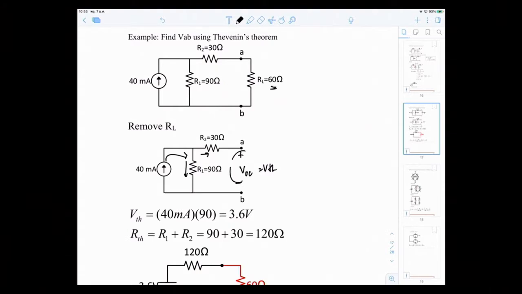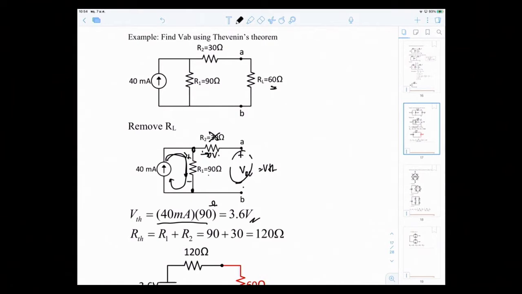But R2 is open already, so there's no voltage drop across R2, and all the current goes through R1. That means VOC is simply the voltage drop across R1, which is 40 milliamps passing through R1, so 40 milliamps times 90 ohms equals 3.6 volts.